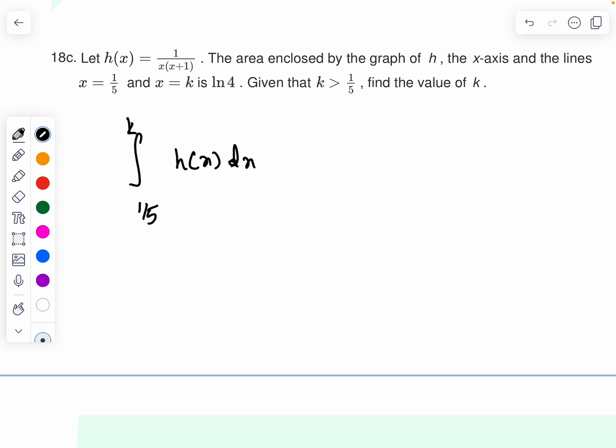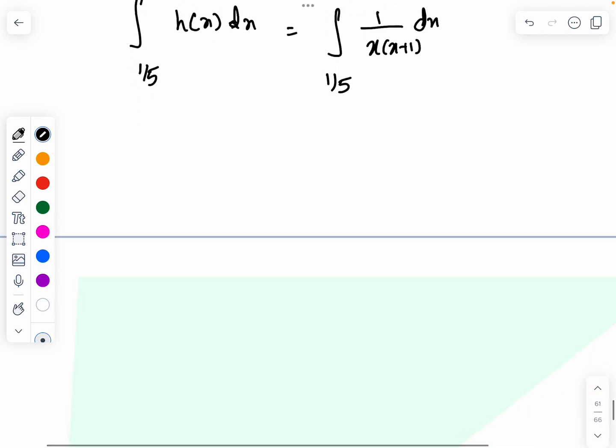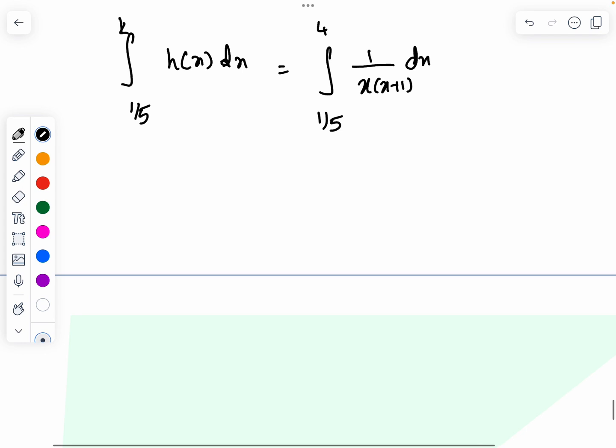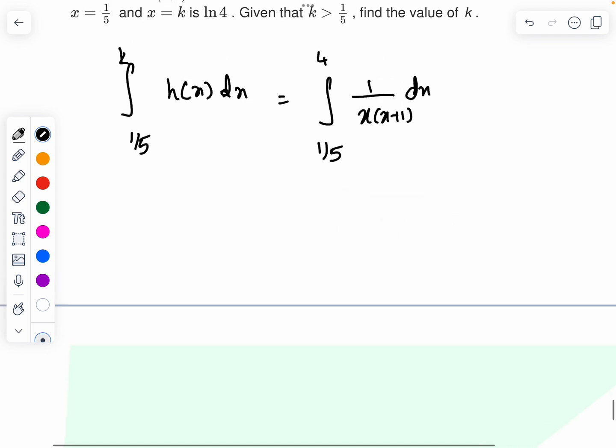Now h of x is 1 upon x times x plus 1 dx, from 1 upon 5 to k, which equals ln 4. So I am going to find the integral of this one.